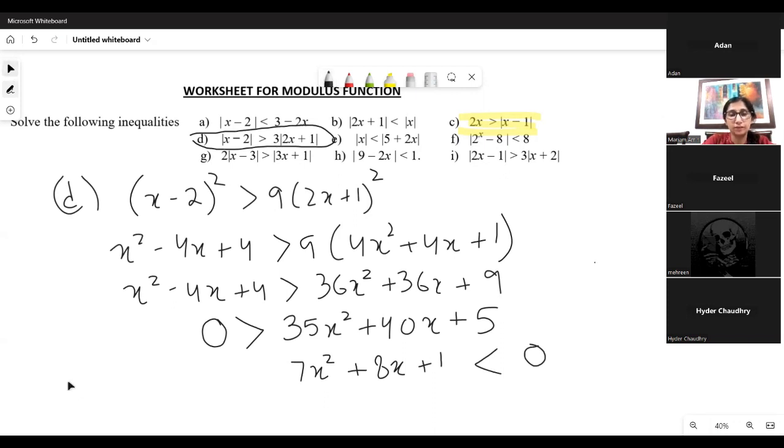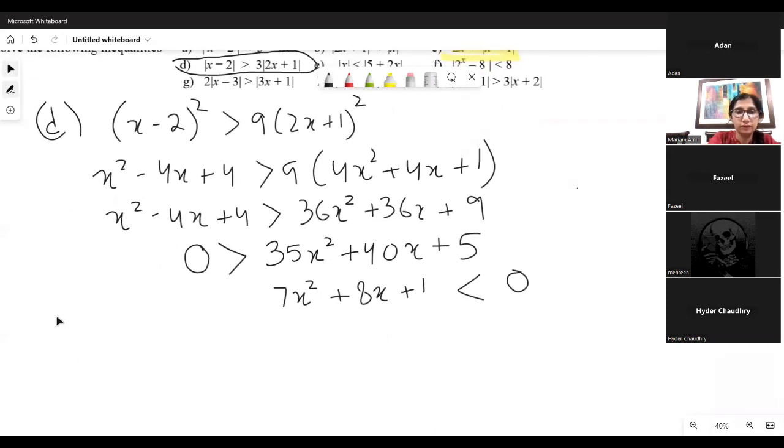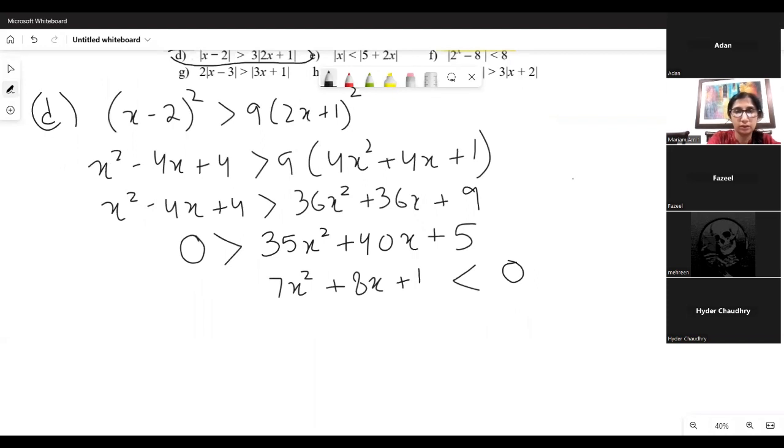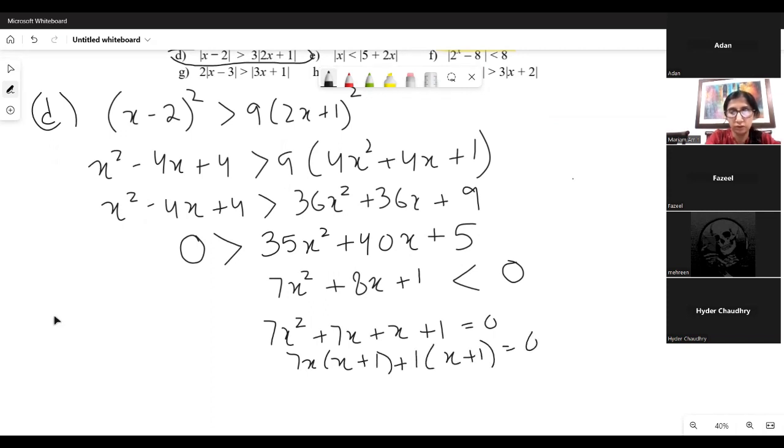Okay. Solve this. 7x square plus 7x plus x plus 1 equals 0. 7x, x plus 1, plus 1, x plus 1 equals 0. 7x plus 1, x plus 1 equals 0.